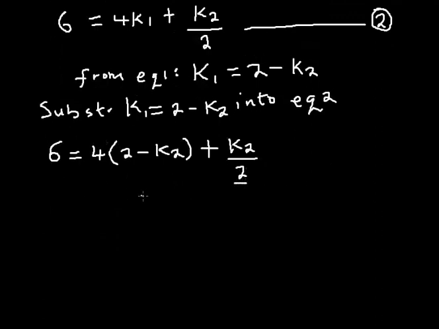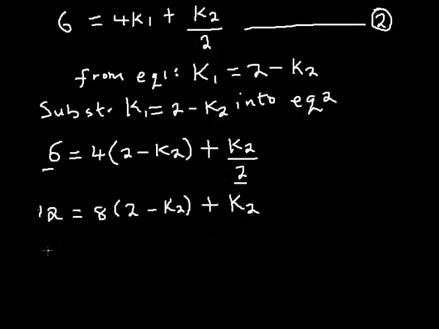This is a linear equation that has a fraction, so I multiply through by the denominator of this fraction. So I multiply 6 by 2, of course that will give me 12. Multiply 4 by 2, that's going to be 8, times 2 minus k2. Then if I multiply the last term by 2, 2 divides 2, so I'm left with k2.